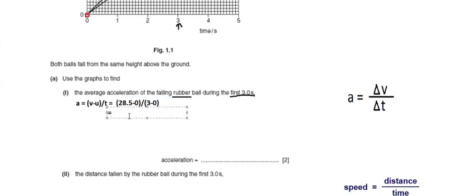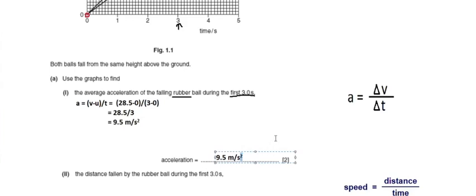Change in speed is 28.5 minus 0, that is 28.5, and change in time is 3 minus 0, that is 3. So 28.5 divided by 3 comes to around 9.5 meter per second squared. The unit for acceleration is meter per second squared. So our value is 9.5 meter per second squared.